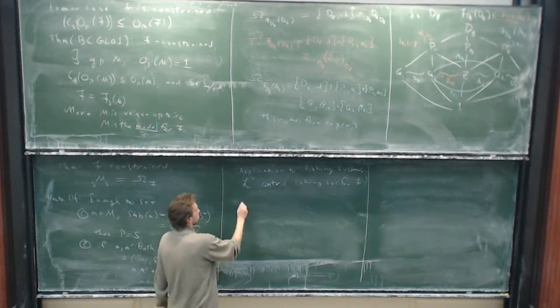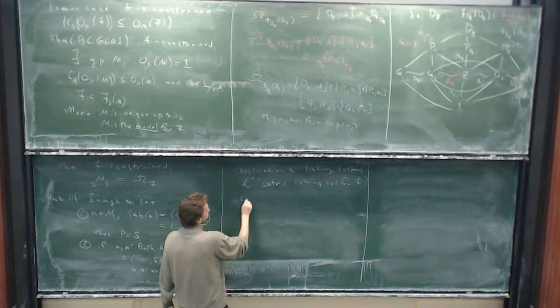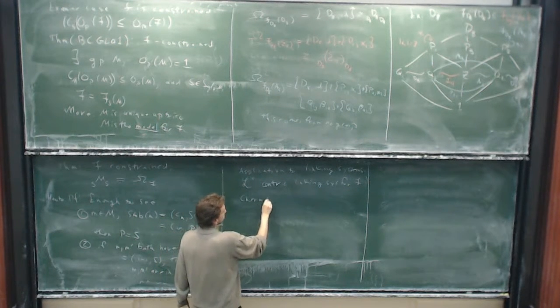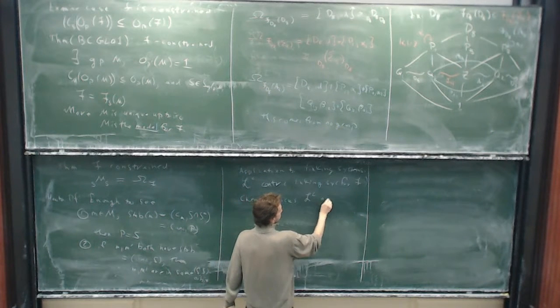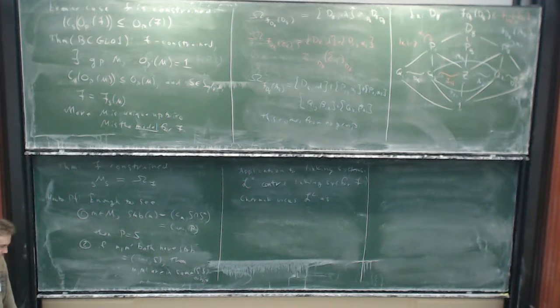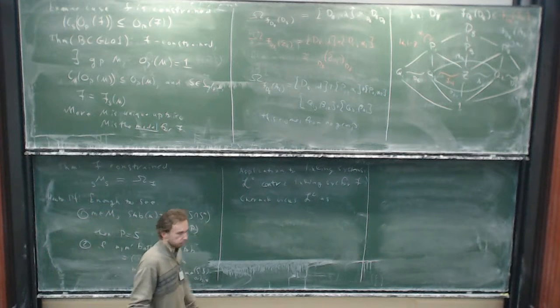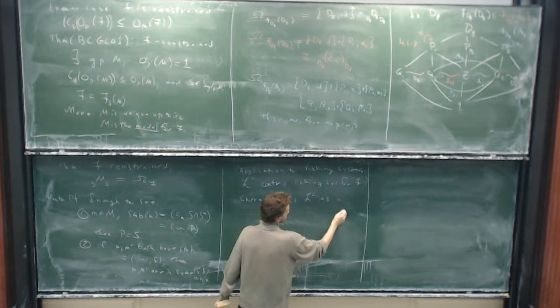Chermak views this guy, he doesn't view it as a category. He doesn't think of it as a bunch of different objects and morphisms between them. But he views it as a partial group.